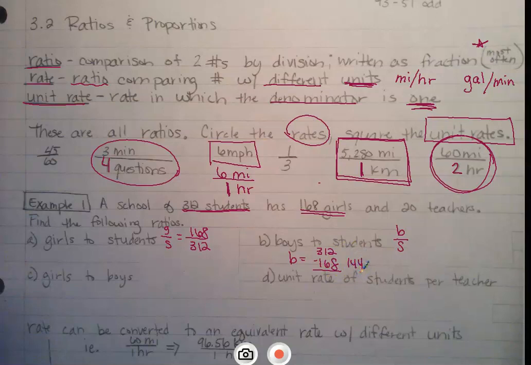So my ratio of boys to students is going to be 144 over 312. I'm going to go ahead and write the reduced answer there. That is 6 to 13. And this one is 7 to 13. If I had reduced this one, it would have been a little easier because 6 plus 7 equals 13, because the students are either boys or girls.